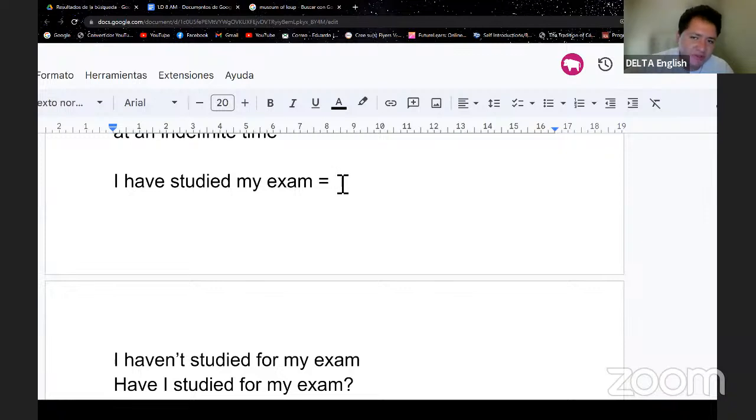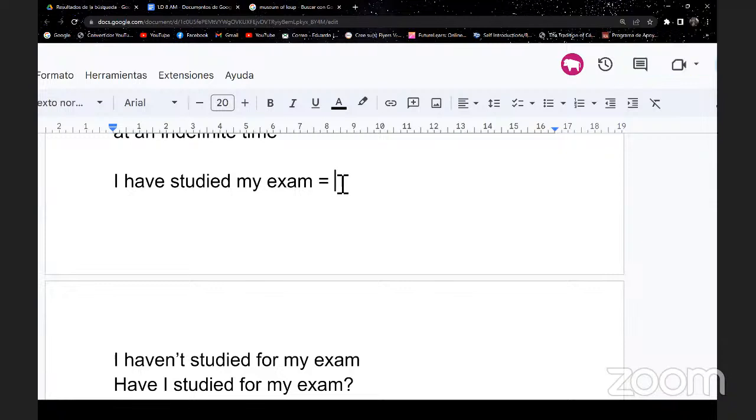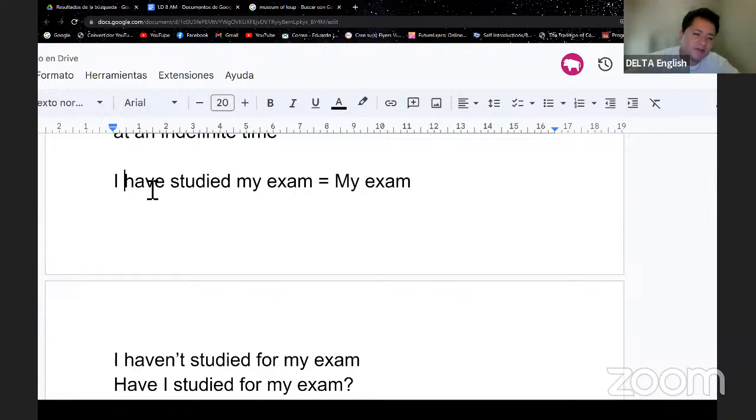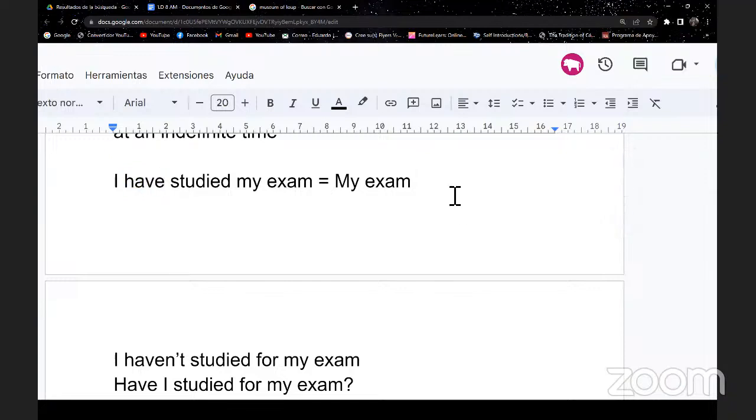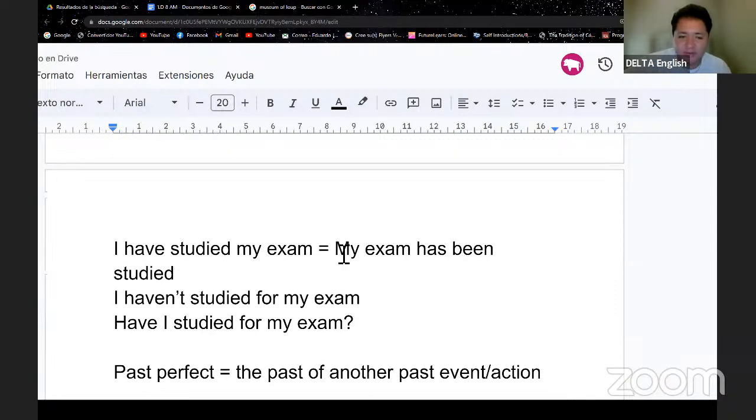How can I make this sentence in passive voice? Fernando, what do you think? Okay, maybe Nubia, you can help us please with this sentence in passive voice. The exam was, not was, but has been studied. Excellent. Mi examen ha sido estudiado.